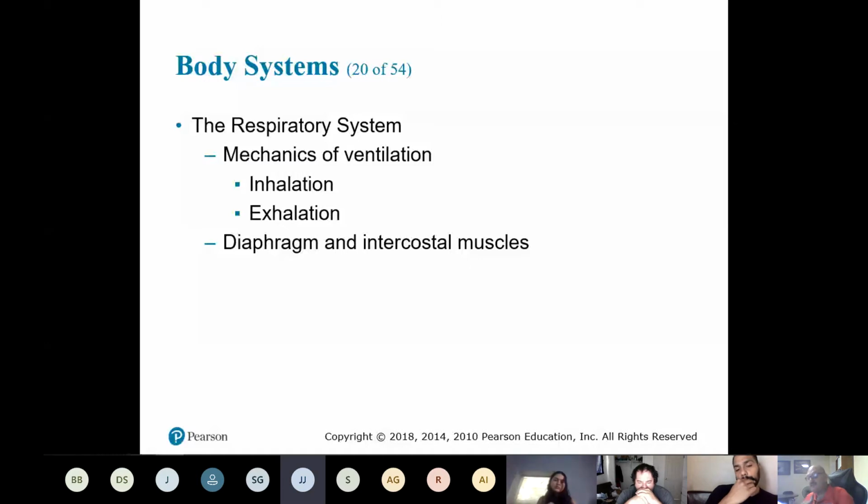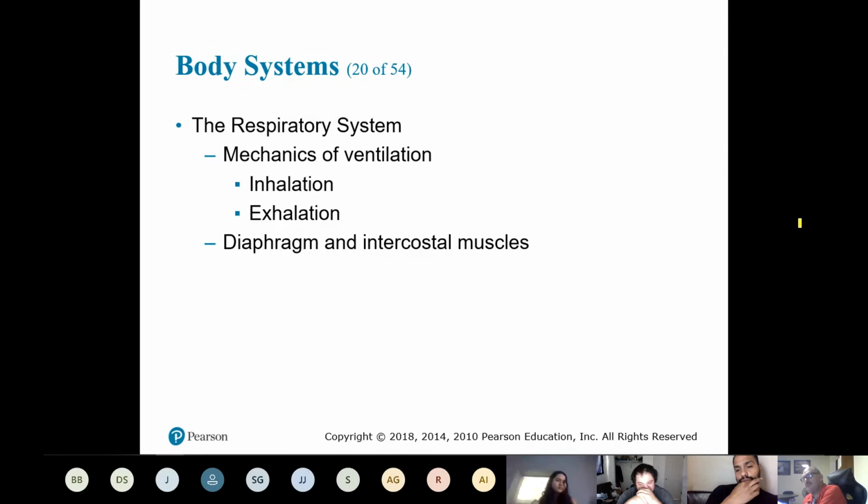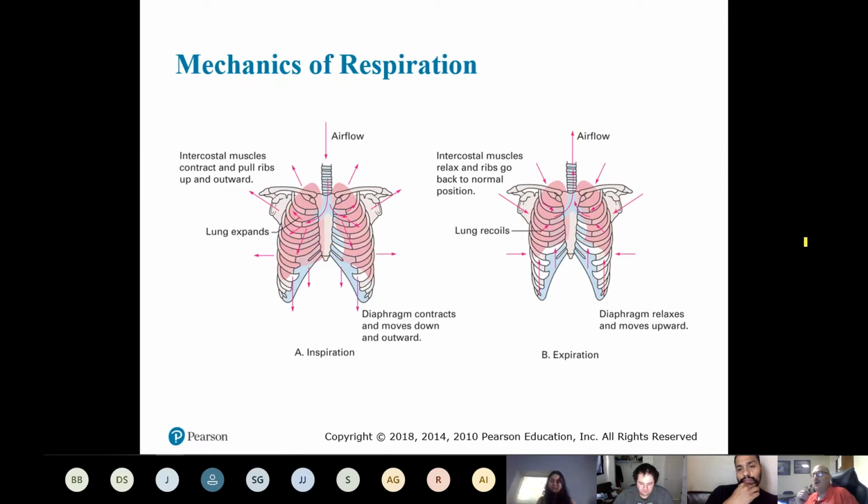Inside. And what did we say about gases and pressures? That they want to equalize, right? So they go to areas of lower pressure.